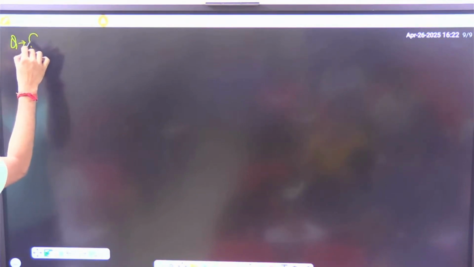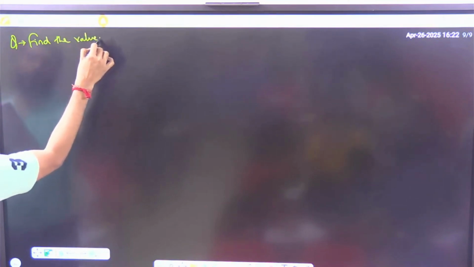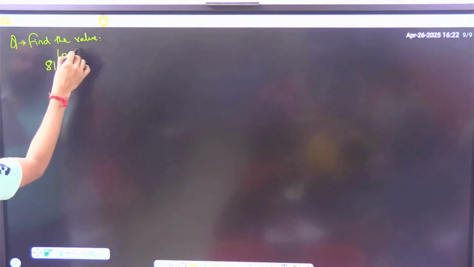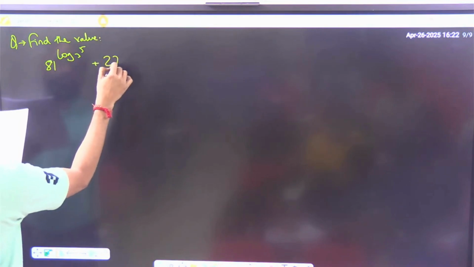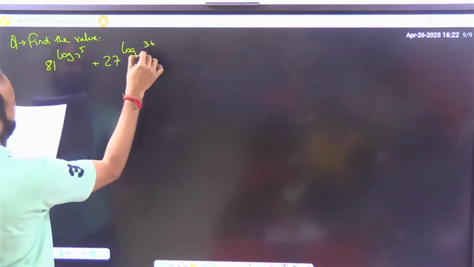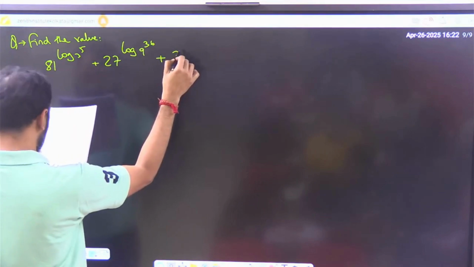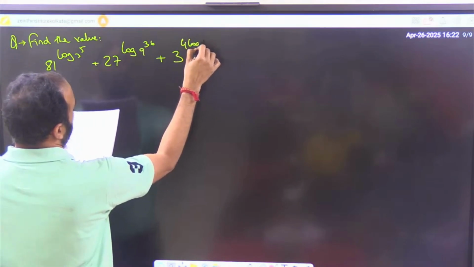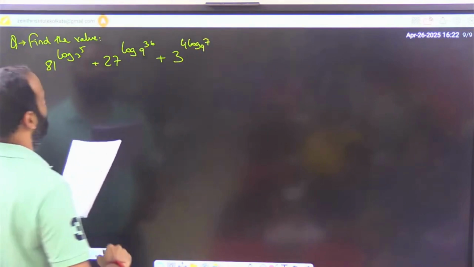Question again, same. Find the value. The question is 81 to the power log 5 base 3, plus 27 to the power log 36 base 9, plus 3 to the power 4 log 7 to the base 9. What is the value of this?